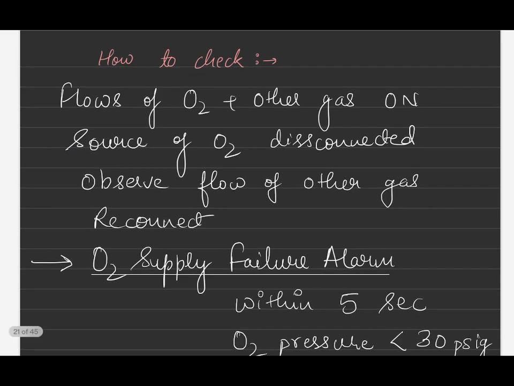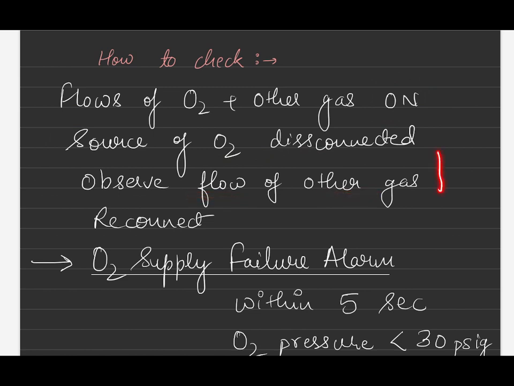We need to increase the flows of oxygen and the other gas. Other gas can be nitrous oxide or air. We have switched on the flows of both the gases, and we disconnect the source of oxygen. We disconnect the source of oxygen and then we observe the flow of other gas.